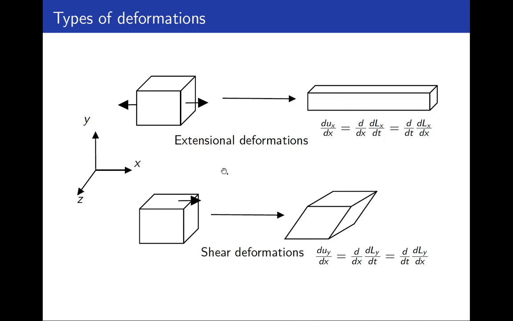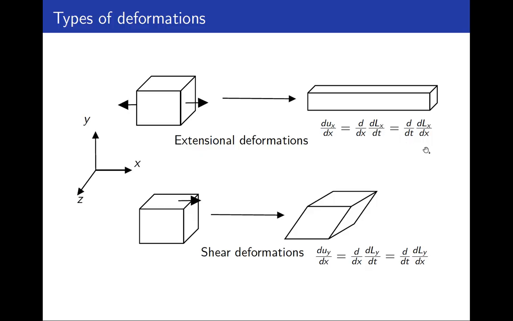This is the basic definition of extensional deformations. Also, if this derivative is zero, that means that we are not stretching the fluid in the x direction, or the stretching is very small. So the new configuration is not going to vary with respect to the original position.